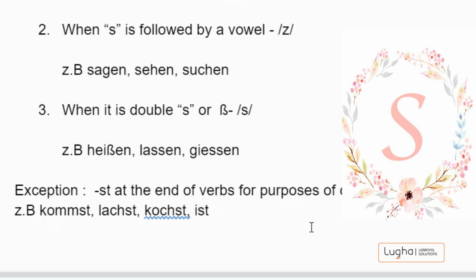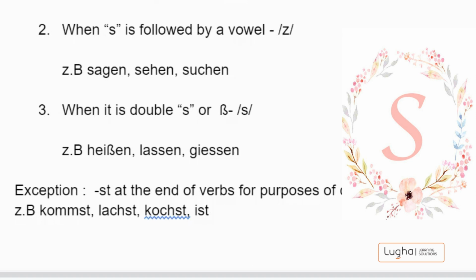When ST is at the end of the verbs for purposes of conjugation, we're talking of it as an exception because T is a consonant. So if it was to follow the general rule here, we would be saying komst, lacht, kocht and isht, right?